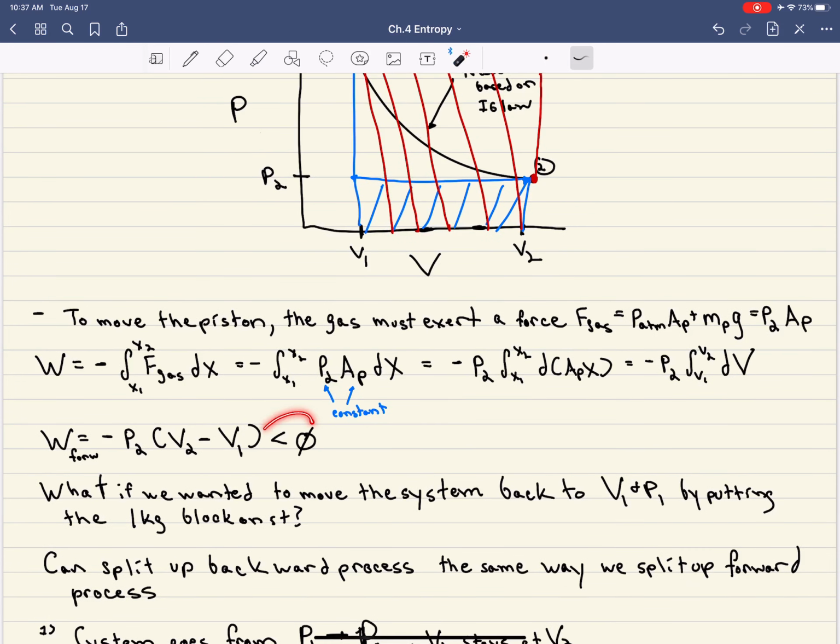Okay? And so we can think of that as an extra energy penalty. And that has to come from the surroundings.